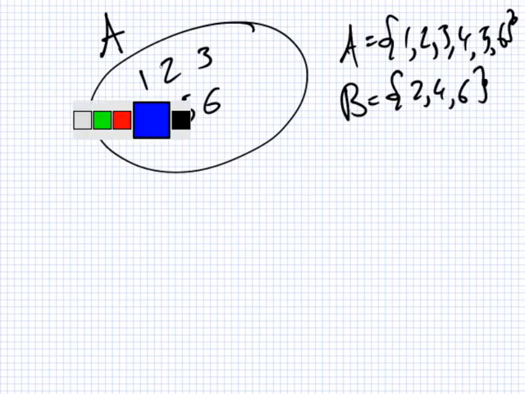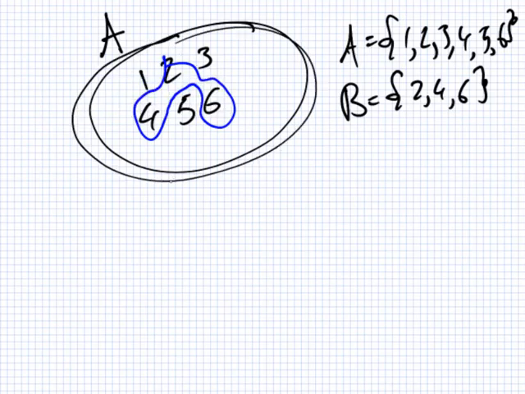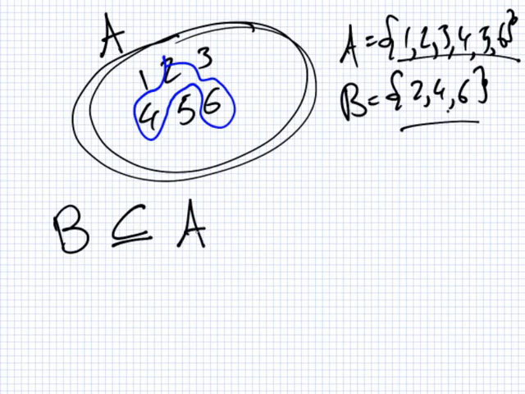And you can see that B, 2, 4, and 6, is inside this bigger set. Everything that's in B is also in A. Is there anything that's in B that's not in A? No. Everything that's in B is also in A. So we can say that B is a subset of A.